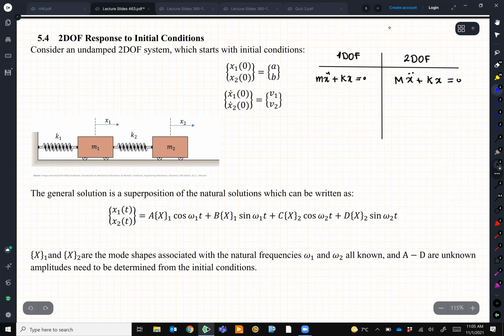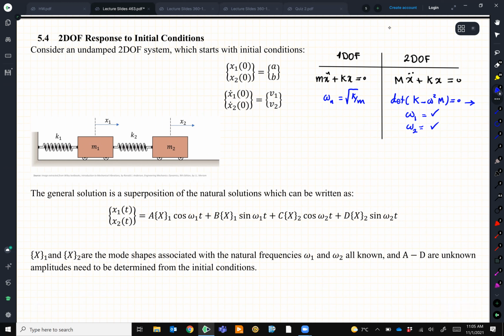So we managed to find natural frequency here, omega n, which was simply the square root of k over m. And for this one, we will solve the determinant of k minus omega squared m equal to 0. And we find omega 1 and omega 2, two natural frequencies.